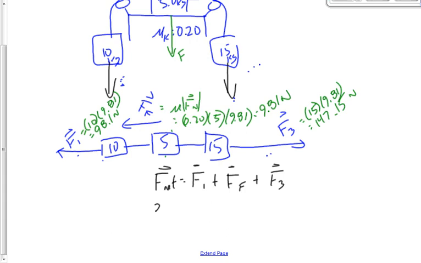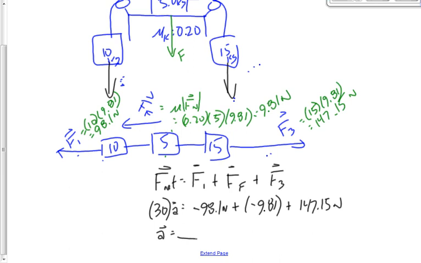Good. So 30 times A is equal to negative 98.1 plus negative 9.81 plus positive 147.15 newtons. I don't know what that works out to be, but now it's easy, right? Now it's just a little bit of addition and division.